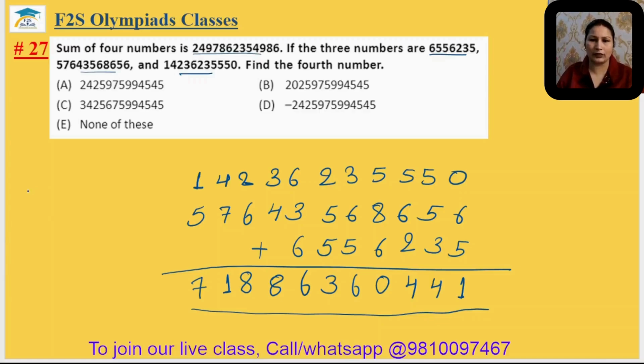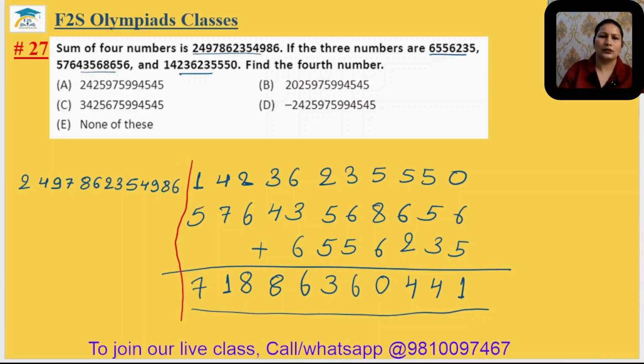Now subtract this number from this number. I'm writing the number again. This is your 2, 4, 9, 7, 8, 6, 2, 3, 8, 6, 2, 3, 5, 4, 9, 8, 6. Okay, just put one line here to separate it. Take care.